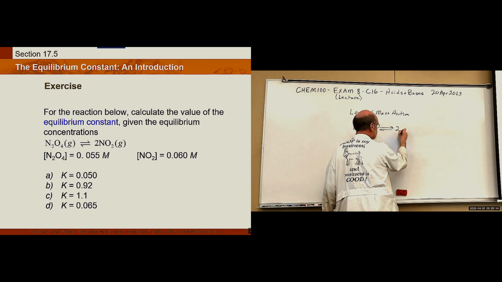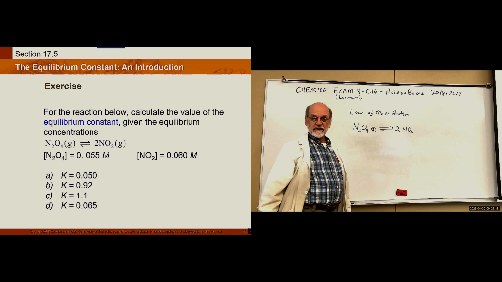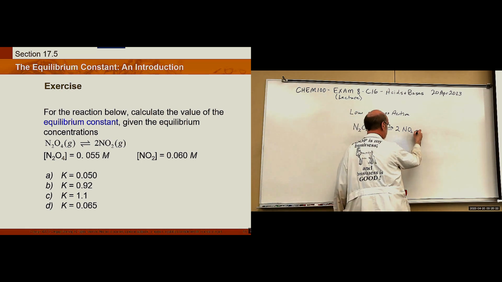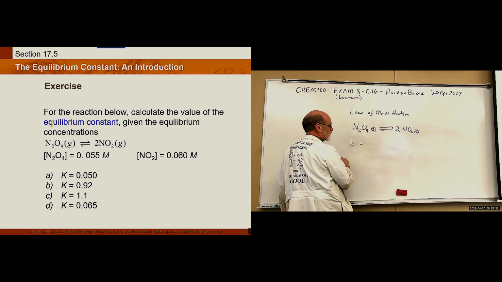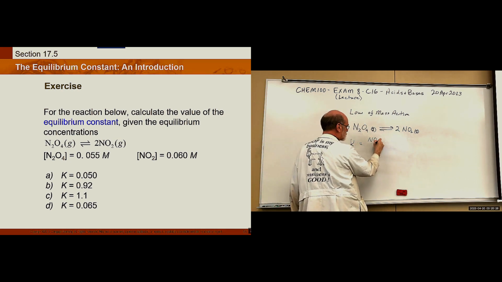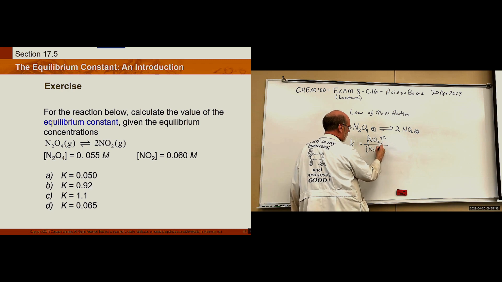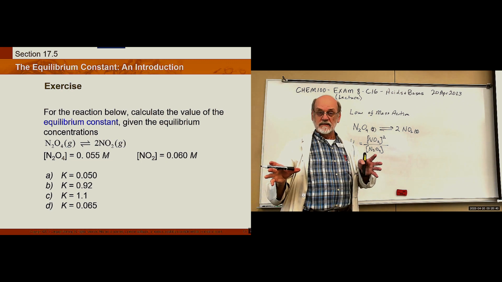And it dissociates into two molecules of nitrogen dioxide. Okay, so the K for this expression would be NO2 squared divided by N2O4.